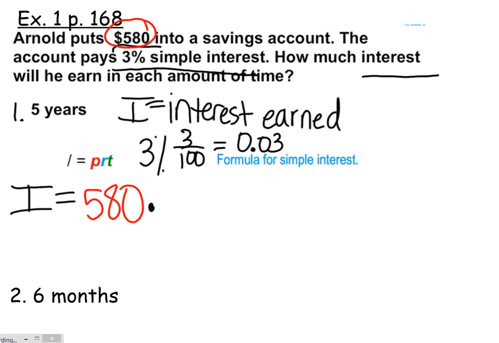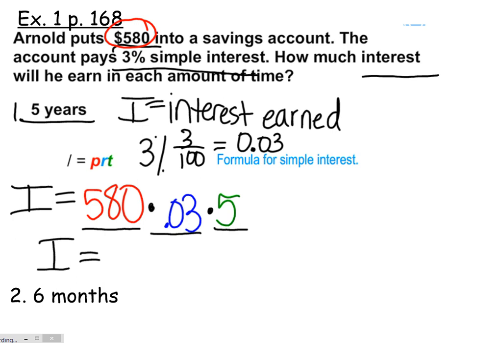So I'm going to multiply that times 0.03 for my interest rate times the amount of time. And for number 1, the time is 5 years. So we multiply it times 5. Now all you have to do is carefully type this in your calculator. 580 times 0.03 times 5.